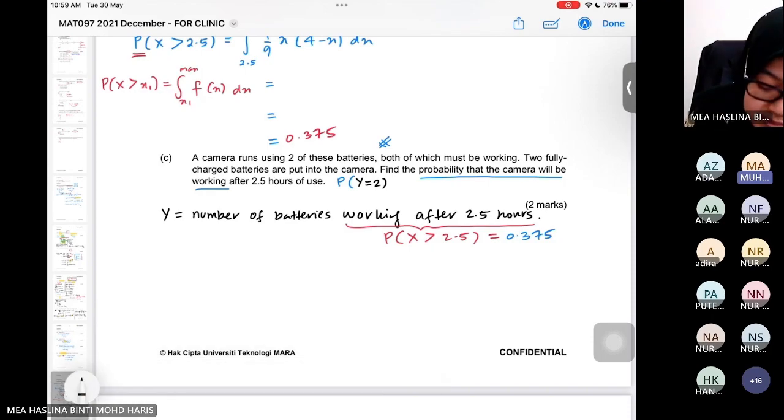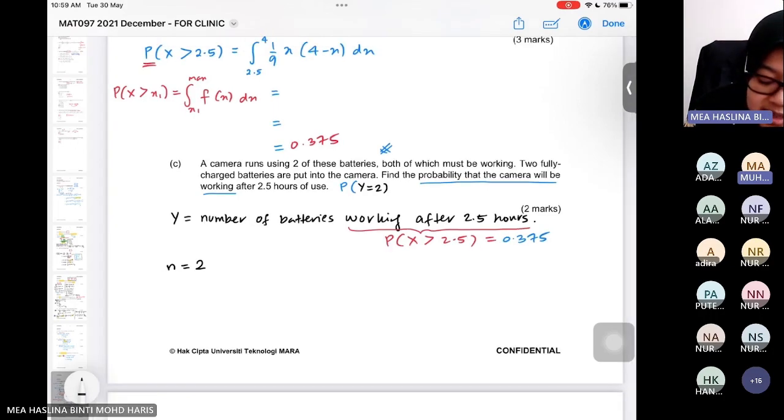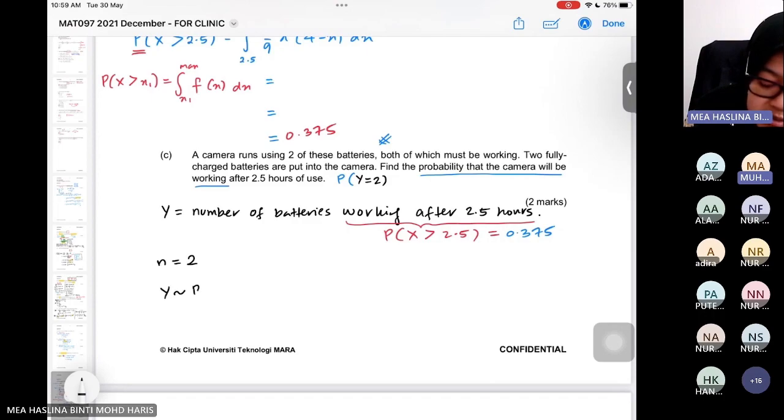Two, right? So we want to check whether both batteries are working, meaning from these two batteries both are working. So n equals 2. When I have already written n there, that means you can predict that Y is now a binomial distribution with number of trials 2, because you have two batteries to consider.